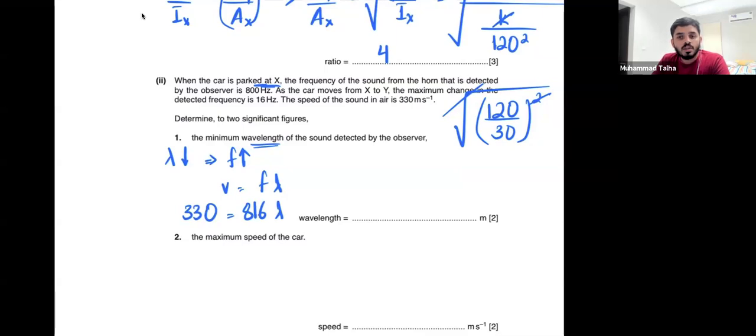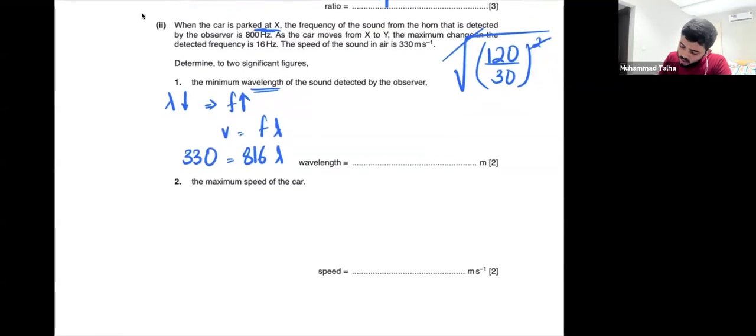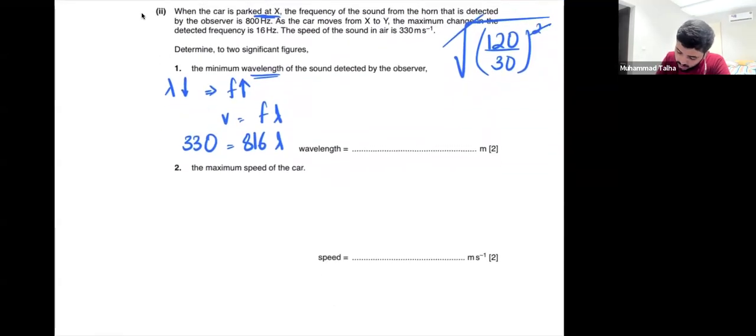Part 2, the maximum speed of the car. For this, you need to use the Doppler effect formula, which is f_o equals f_s v over v plus or minus v_s, right? Why does it say max speed? Because this change was also max. So I'll be thinking of the case where the car is moving towards the observer, right?